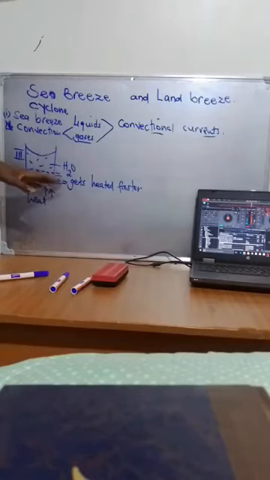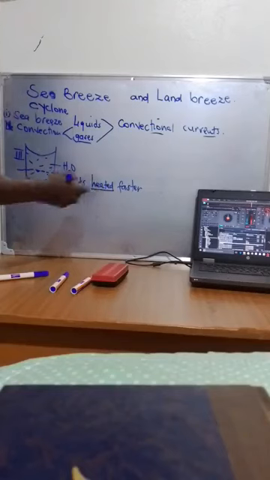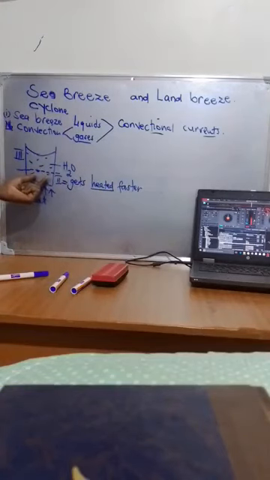Now, when this water gets heated faster, it loses weight. The heat makes water molecules in this second section become light. As water gets heated, it becomes light.